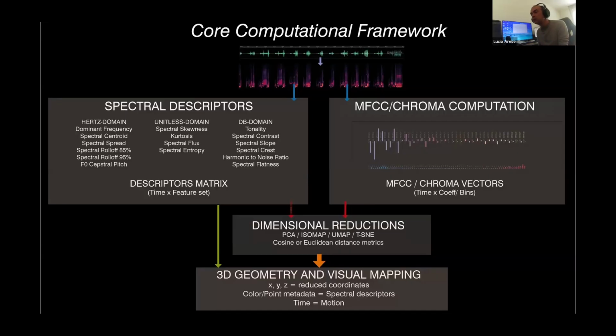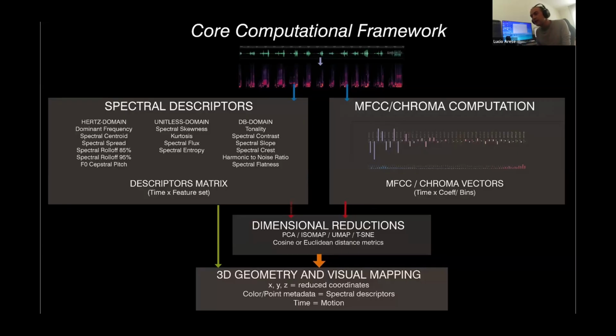And then there is another block, where the mel frequency cepstral coefficients and constant-Q transform chroma data are computed. This data, in the models as I conceived them now, becomes the skeleton of the manifolds, the 3D models, while the descriptors go to create some kind of dressing.